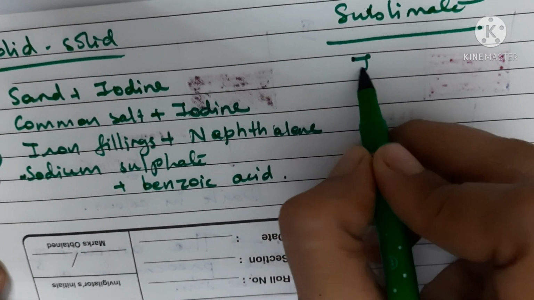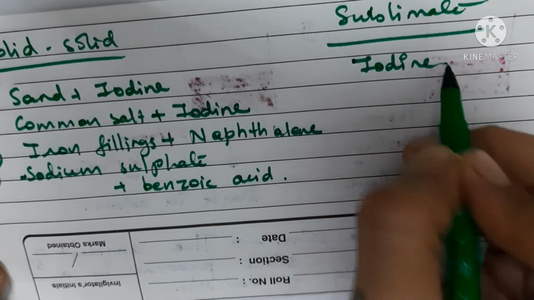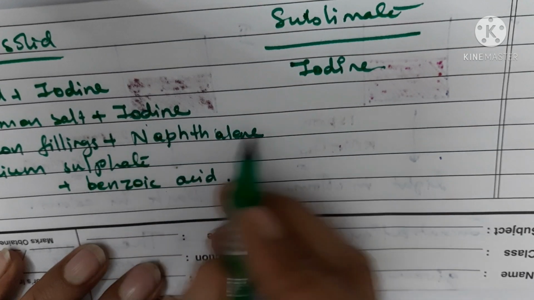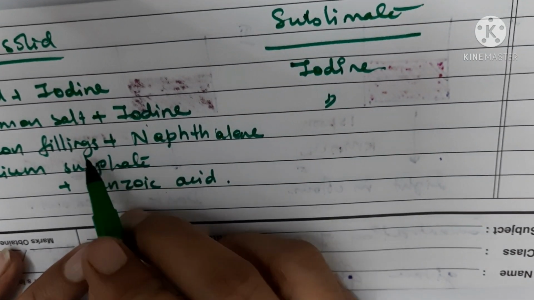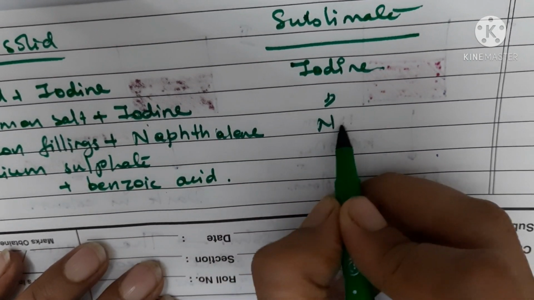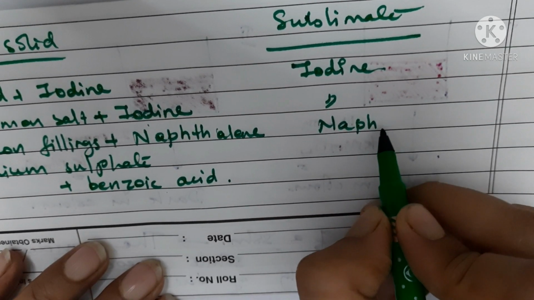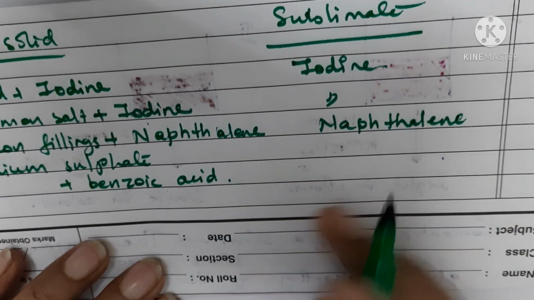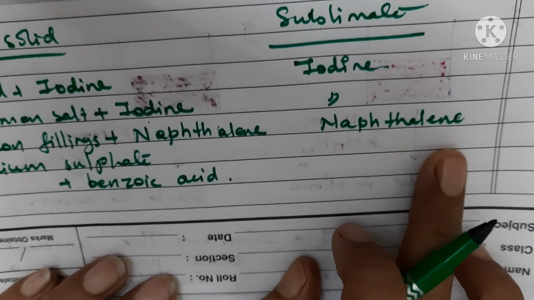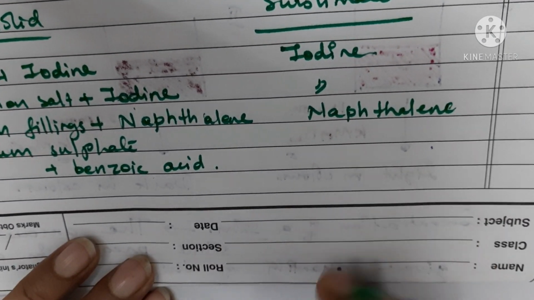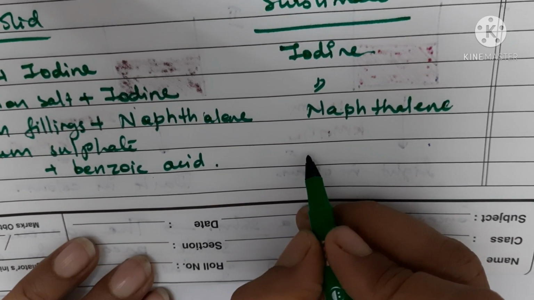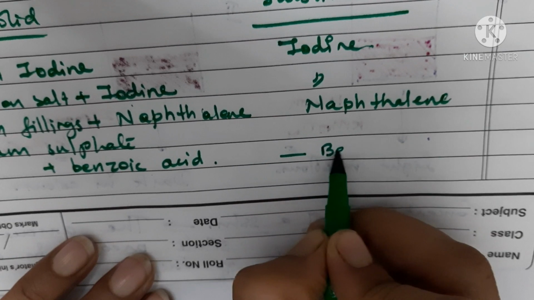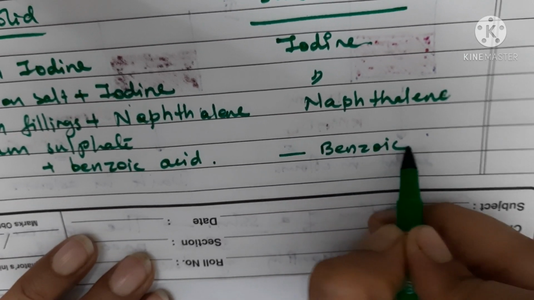Here it is iodine; iodine has the ability to sublime when it is heated. Here also you can say iodine. In the case of iron filings and naphthalene, it is naphthalene which can sublime. As we have seen in our previous session, naphthalene balls disappear due to the sublimation process only. And in this case it is again benzoic acid which has the ability to sublime.